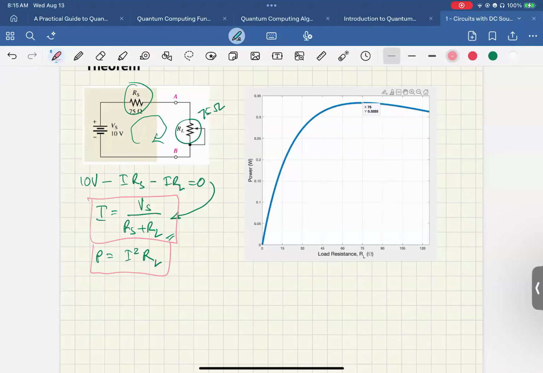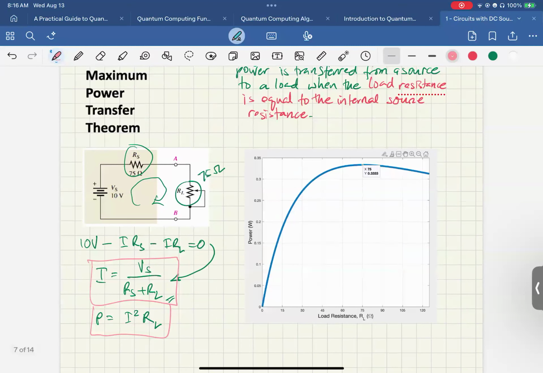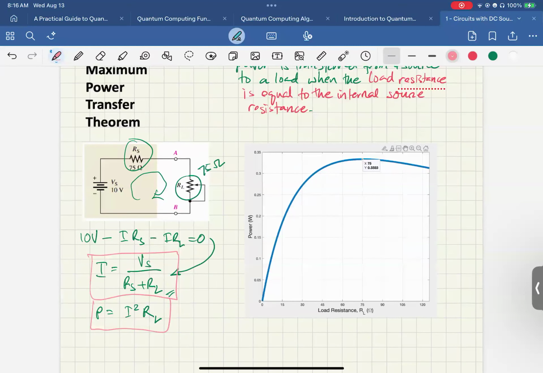So you want to maximize yung power transfer between the source and the load. And to do that, dapat ideally yung source resistance has to be equal to the load resistance.